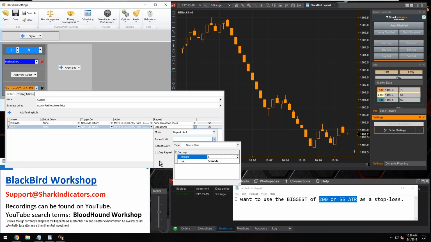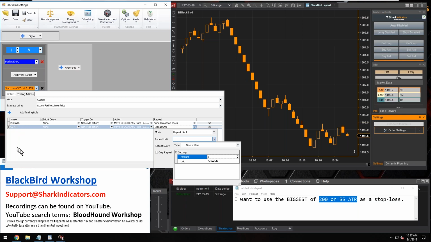So, we can set a time limit here. I would probably increase this up to 2 seconds just in case, because you never know how complex you might use this stop loss trailing roll with. If you're using Bloodhound signals, your Bloodhound might take some time to calculate.